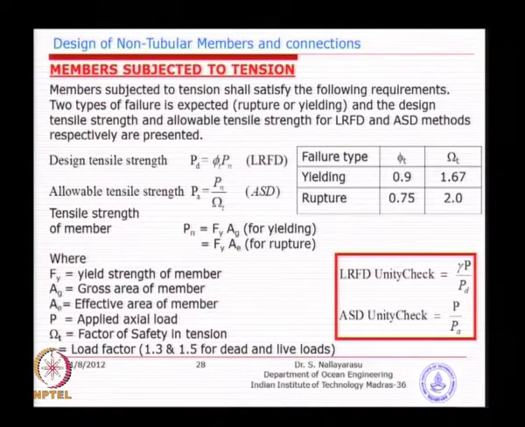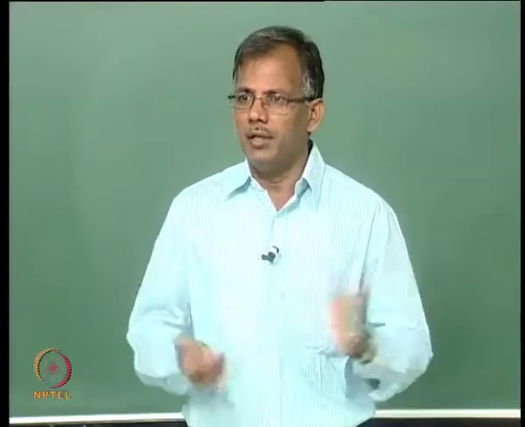That is why there is a slight difference: the factor is 0.9 for yielding without any holes, whereas if there are purposeful holes made and rupture is going to happen, there is a reduced factor of 0.75. So calculation for tension becomes very easy, because area times yield will give you the yield capacity.